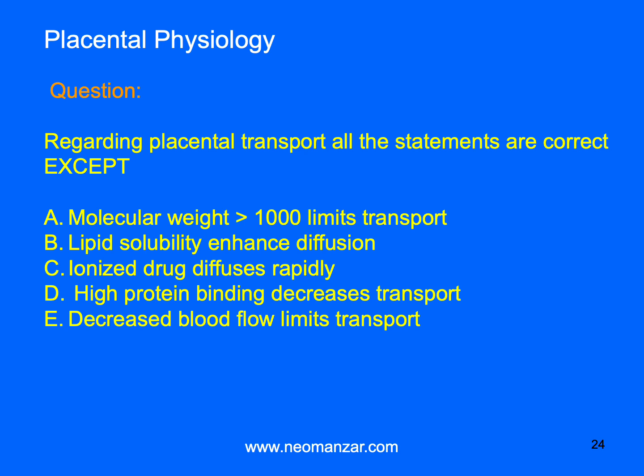Ionized drugs diffuse rapidly. It should be the other way around. Non-ionized drugs diffuse rapidly, because when a drug is ionized it becomes polar and it's difficult to transport through the placenta. Higher protein binding decreases transport. Yes, that's true. If it's highly protein bound, it's difficult to transport across the placenta. And decreased blood flow limits transport. Absolutely right. If the blood flow is faster, the transport is faster.